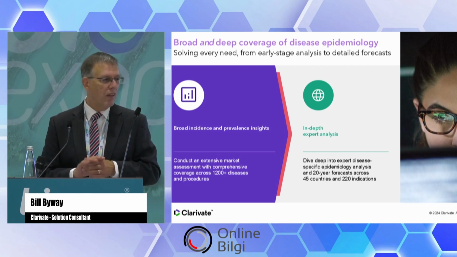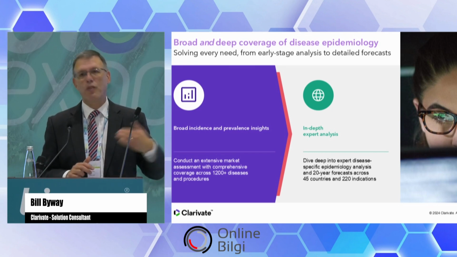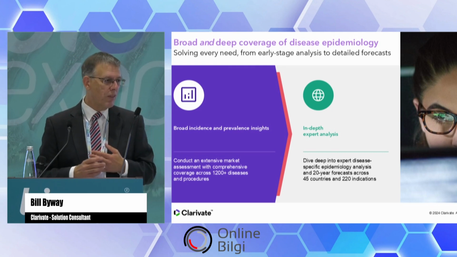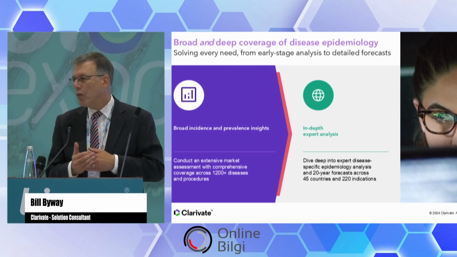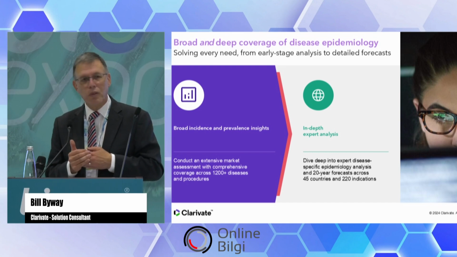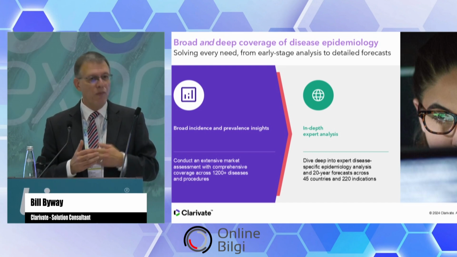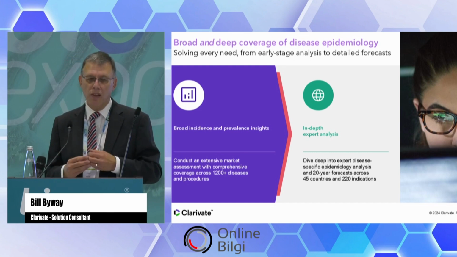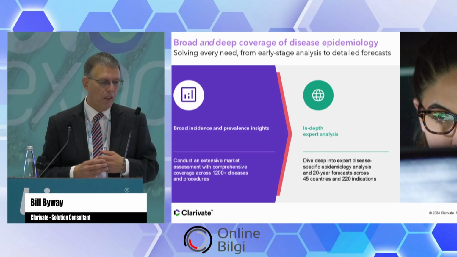So if you want to know for something like diabetes, what are the prevalence numbers, you can do that, but you can also look for rare diseases. So if you're involved in more unusual diseases where there's less data, you can also look up those.